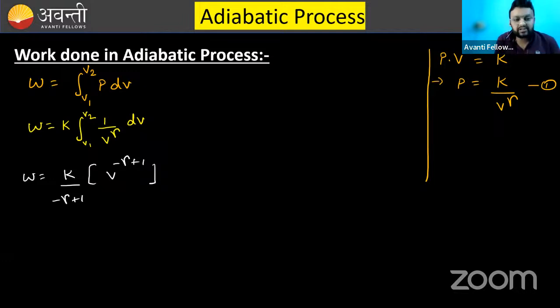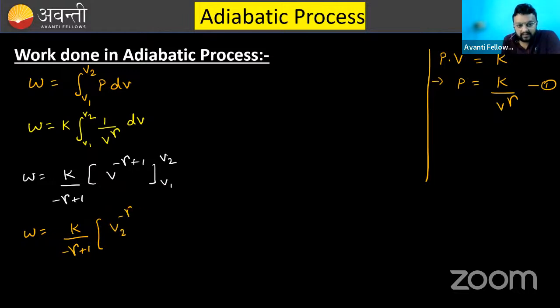Is the integration part clear? V raised to power gamma will move to the numerator and become V raised to the power minus gamma, from V1 to V2. Now you can just place the limits: K over minus gamma plus 1, times V2 raised to the power minus gamma plus 1, minus the lower limit, that is V1 raised to the power minus gamma plus 1.